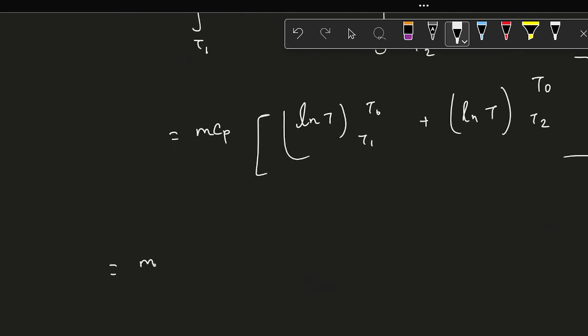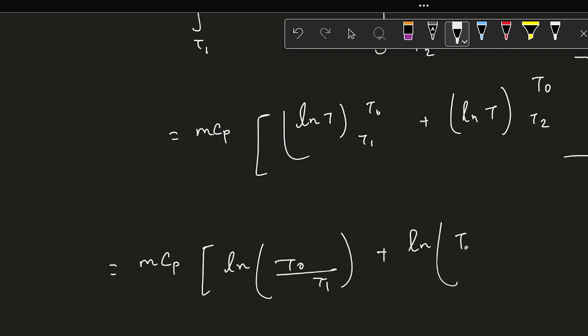So simplifying it further, it is mCp ln of T0 by T1 plus ln of T0 by T2.